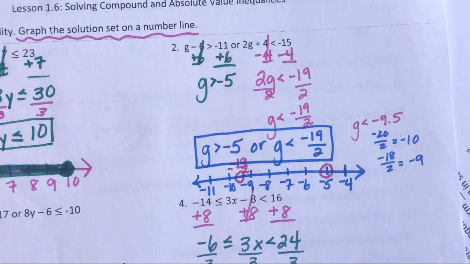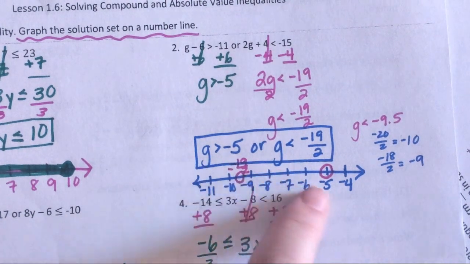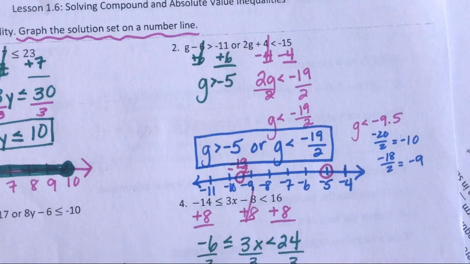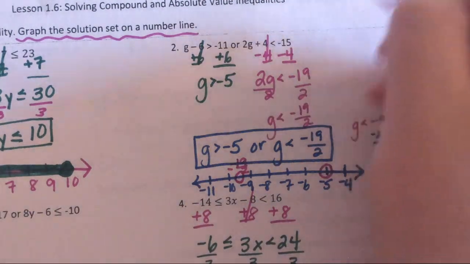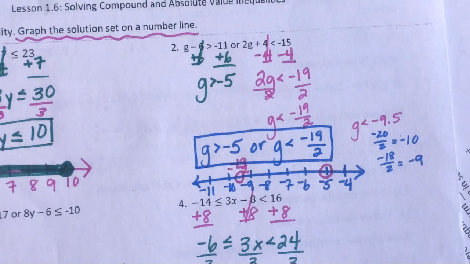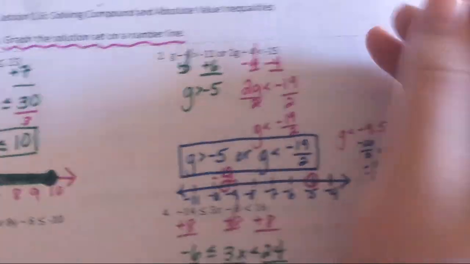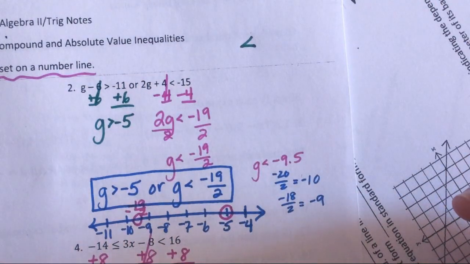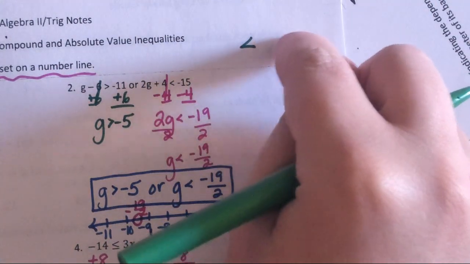Okay, before we go crazy, am I going to get to fill in any circles on this one? No, there's no equal to's. Let's do one thing at a time. So G is greater than -5. If G is greater than -5, do you shade to the right or to the left? Okay, as a reminder, if you're not sure, because it's been a while, what do you call this symbol?